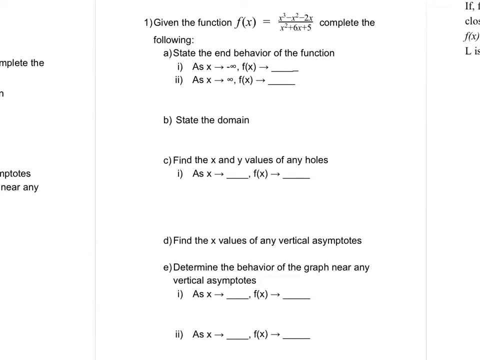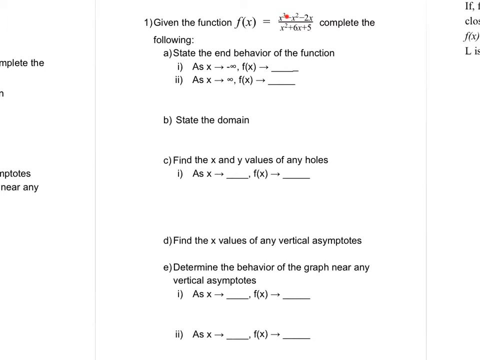So the end behavior. Now, in Chapter 1, we reviewed quite a bit of end behavior, and there's those rules that you can remember from Math 4, from pre-Calc, that say, well, if it's a rational function, a polynomial over a polynomial, just look at the degree, the highest exponent in the numerator, and the degree, the highest exponent in the denominator.